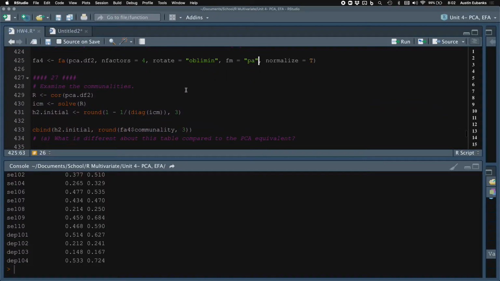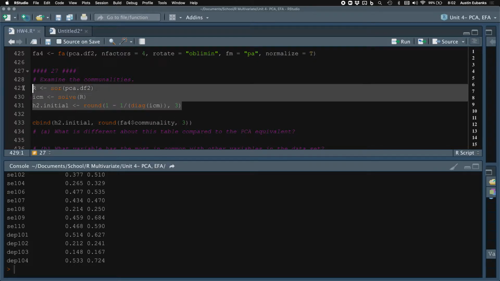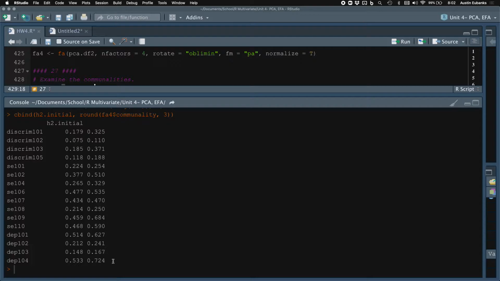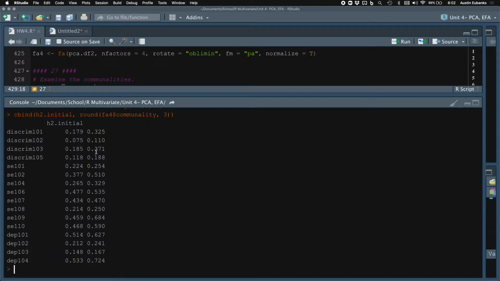Once we ran that, I believe we stopped here at this communalities table. As a reminder, you don't need to worry about what it's doing. That's just how we got what SPSS would output, with that initial column as well as the extracted communalities.